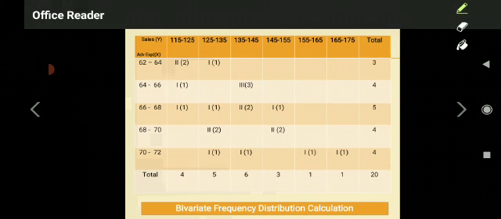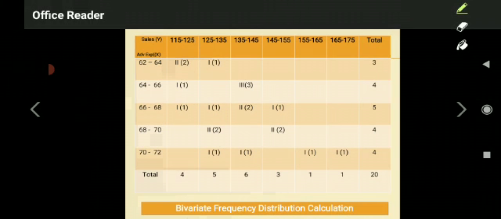On horizontal angle you have to prepare your own sales, which is represented as y. It starts with 115 to 125, which is there in the question paper, and the last value is 165 to 175. I hope you understood.